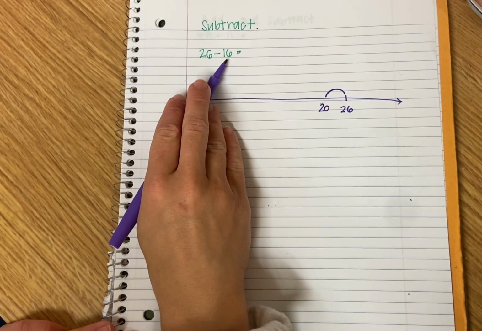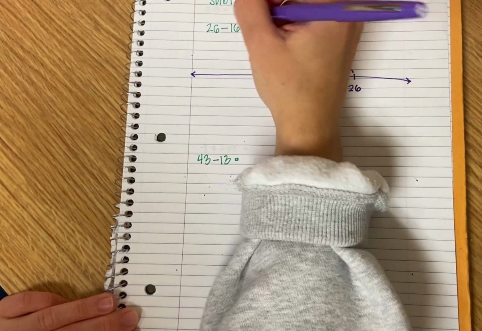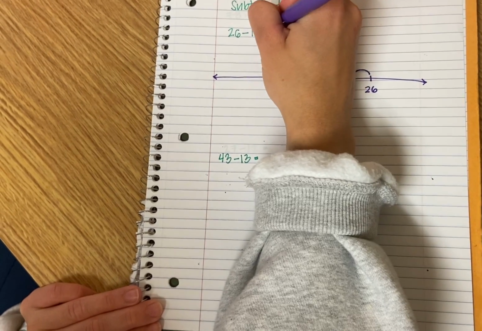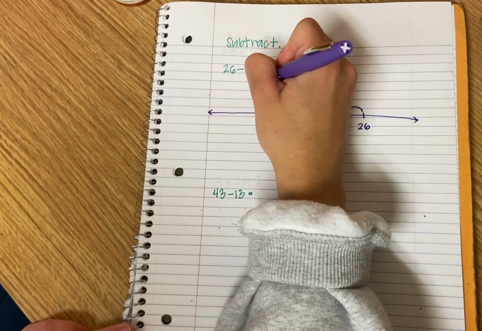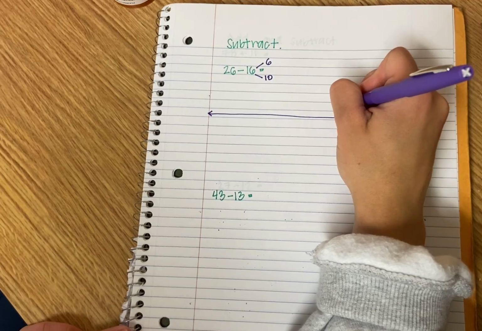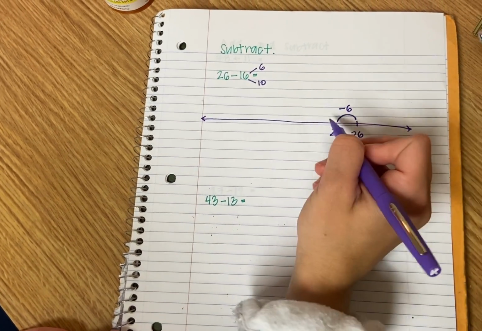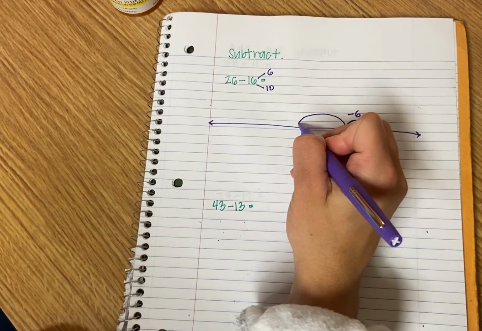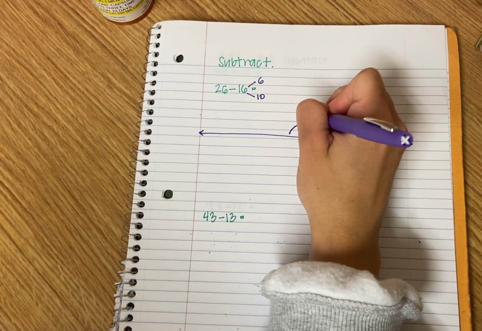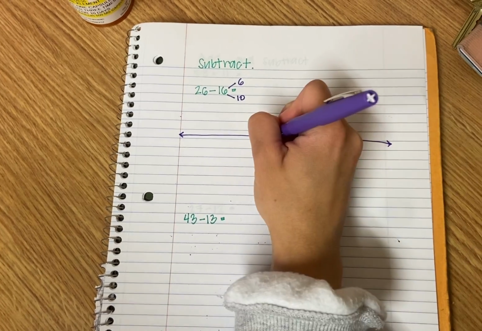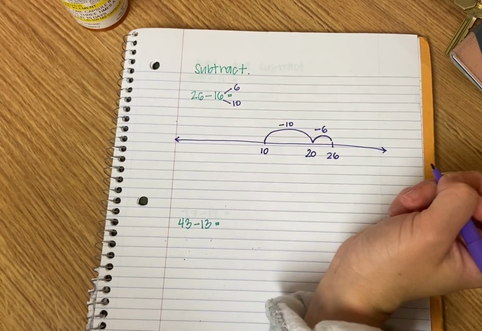So we can decompose 16 to 6 and 10. So we can first subtract 6 from 26 to get to 20, and then we can subtract 10 more. 20 minus 10 would get us to 10.